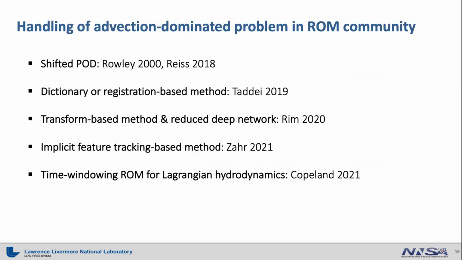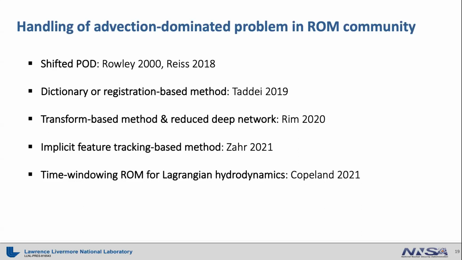As a matter of fact, many researchers and scientists came up with potential solutions for this issue. For example, the shifted POD by Rowley and Reyes, the registration-based model by Taddei, the Radon transform based reduced models and reduced deep network by Dongsun Lee, the implicit feature tracking based method by Mirhoseini, and the time windowing ROM for Lagrangian hydrodynamics by Dylan Copeland.